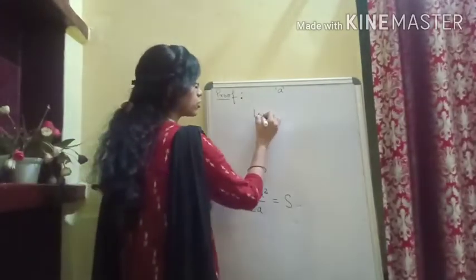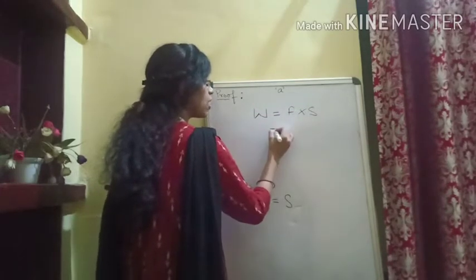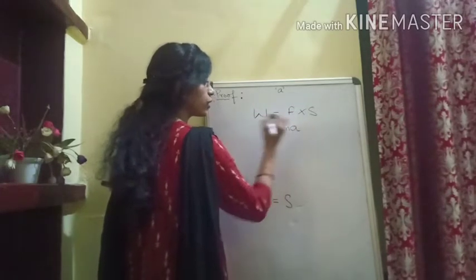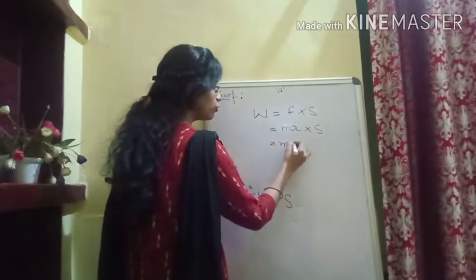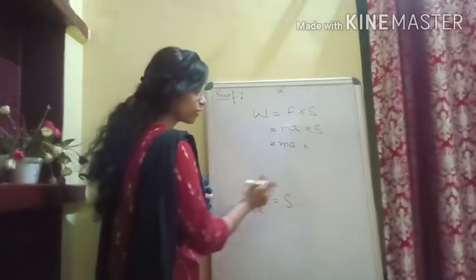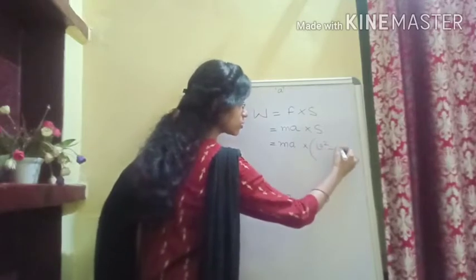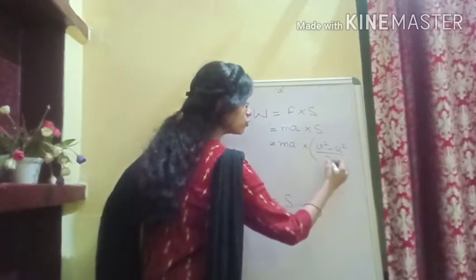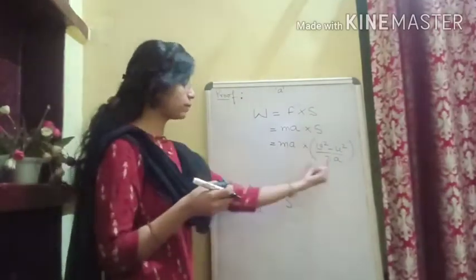We have written work done is equal to force into displacement. Our force was mass into acceleration, into displacement. Now we are going to put the value ma into s. The expression for s we have calculated as v square minus u square upon 2a. We are keeping the value of s.